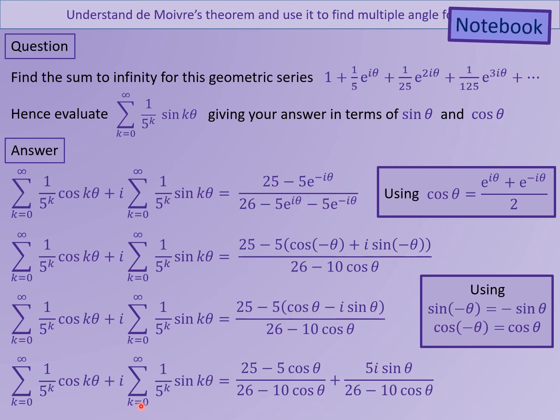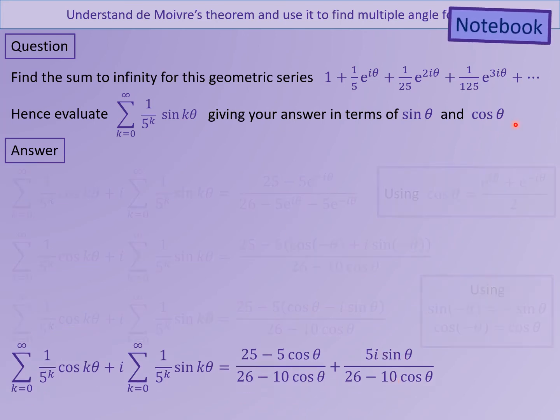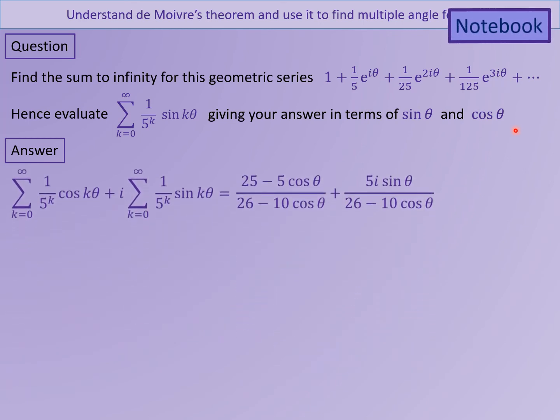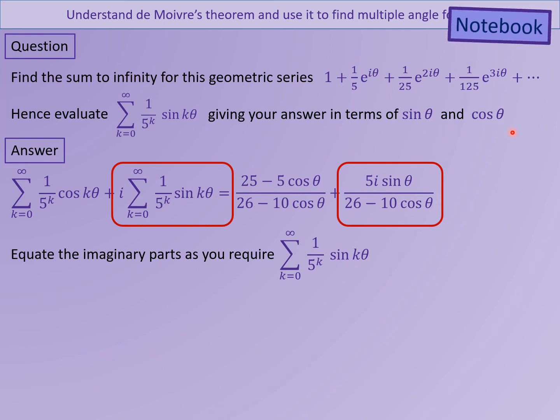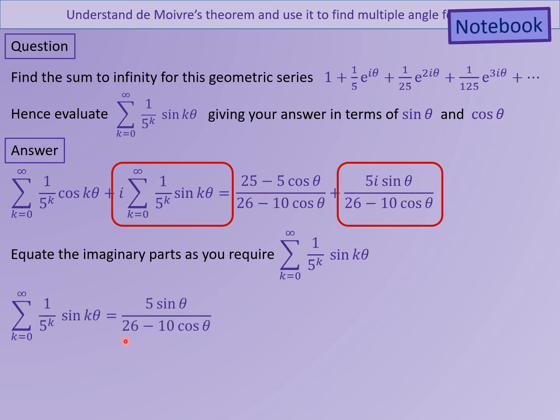And if I check the imaginaries, I get that part is the same as that, obviously with the i's cancelling out. And in fact, that's exactly what I need to do in this question. So my last stage is equating the imaginary parts, because I've noticed that that's what the examiner is asking for. And so therefore, that must equal 5 sine theta over 26 minus 10 cos theta.